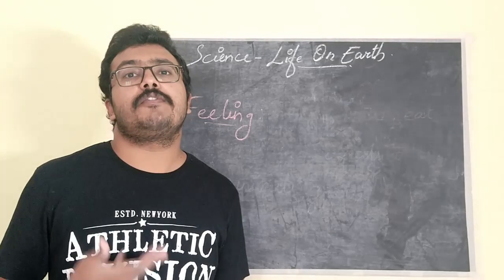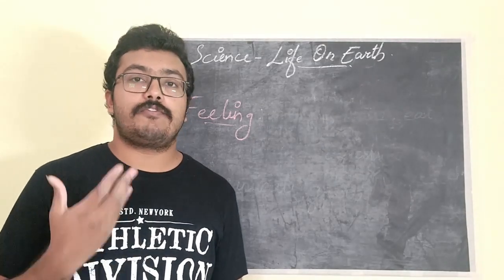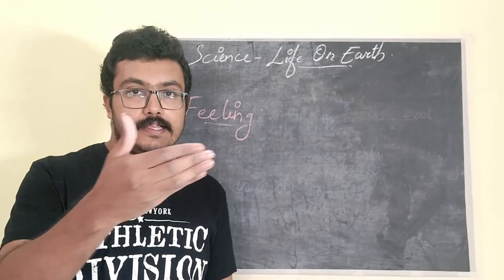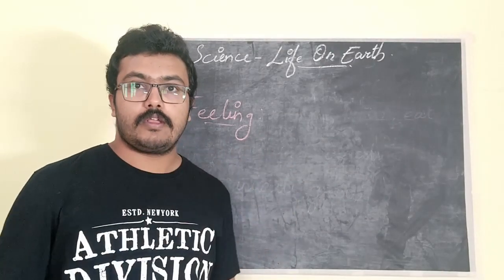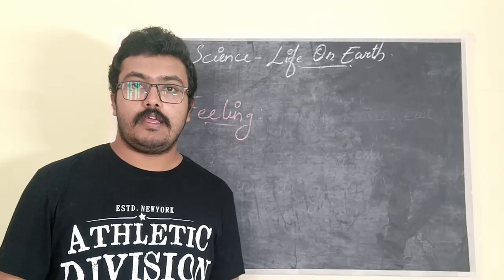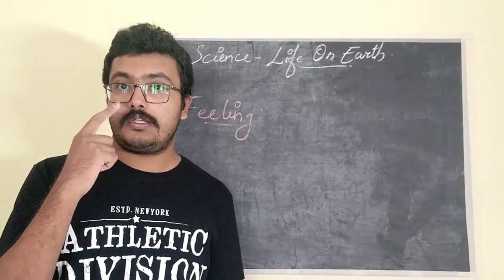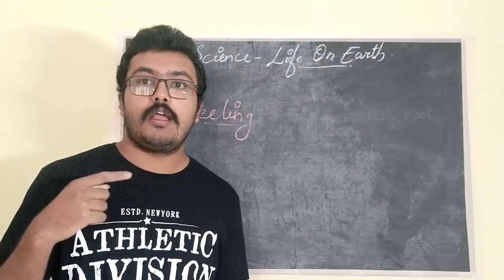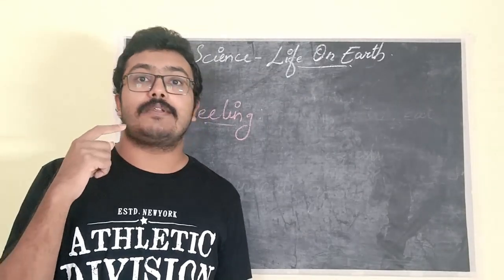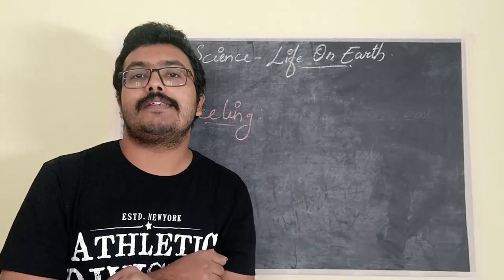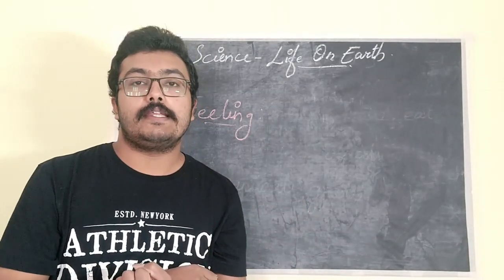Okay. Animals feel things in different ways. When we talk about animals, we can take human beings as one among them. Right? We have eyes, nose, tongue, ears, as well as skin, so that we feel things around us, right?